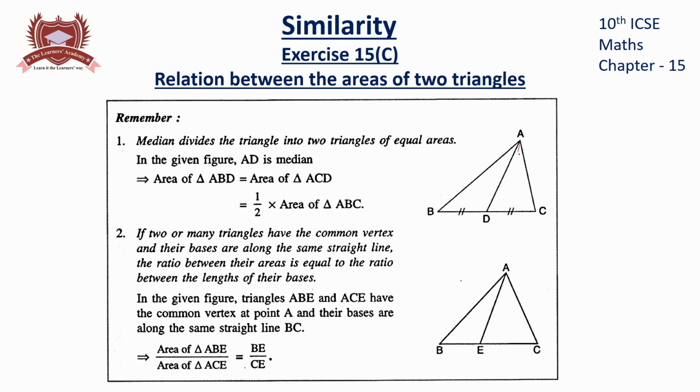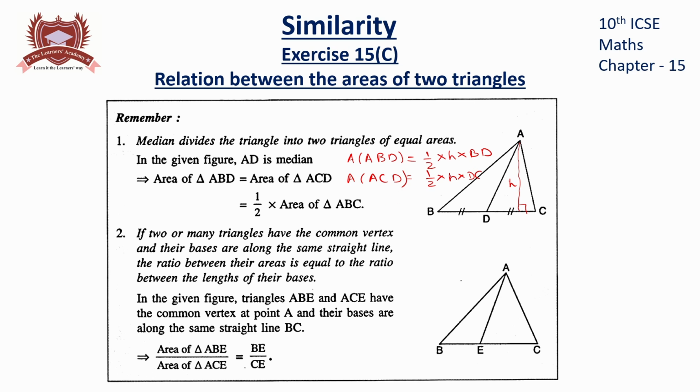Why so? Because in both, the perpendicular is going to remain the same. This perpendicular, the height, is going to be the same. So if the height is the same, then obviously the area will also be the same. So if I consider this as H, then area of triangle ABD will be equal to half into H into BD, and area of triangle ACD will also be equal to half into H into DC.